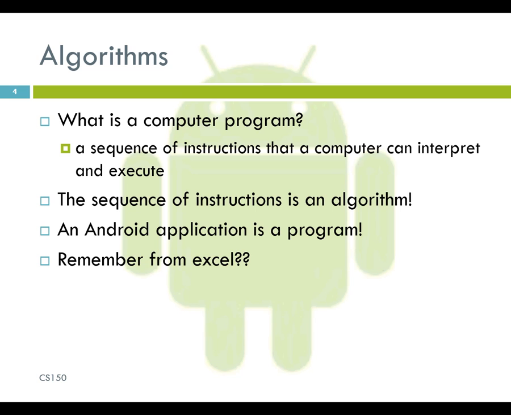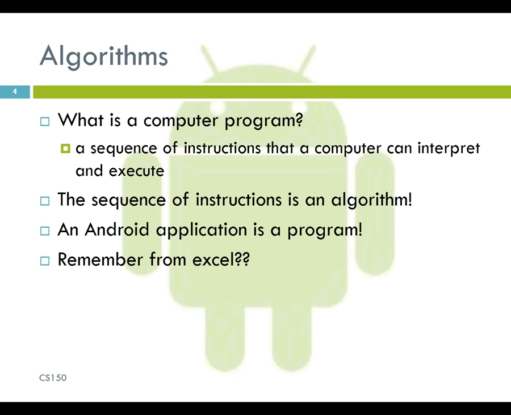The sequence of instructions is an algorithm. I love this word, and if you learn one thing from this technology class about computer science, it is that it revolves around algorithms. So it's really neat and really nice to be able to give instructions to the computer for anything you want.